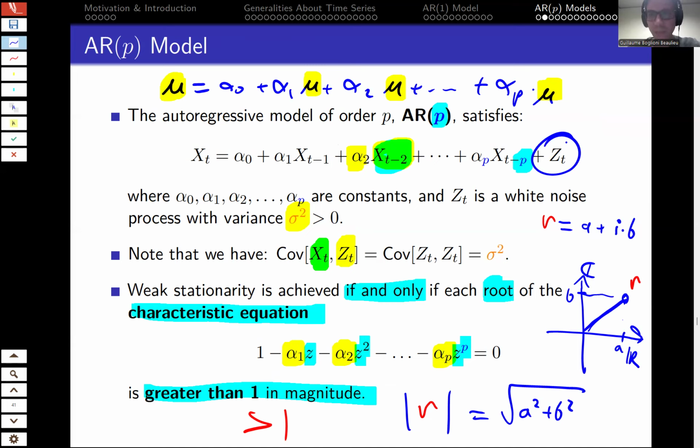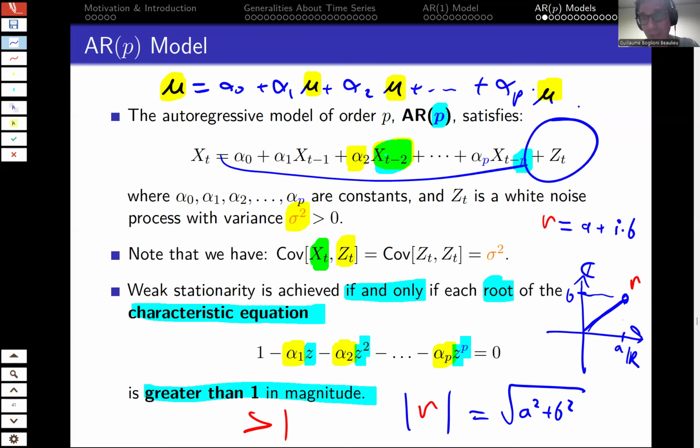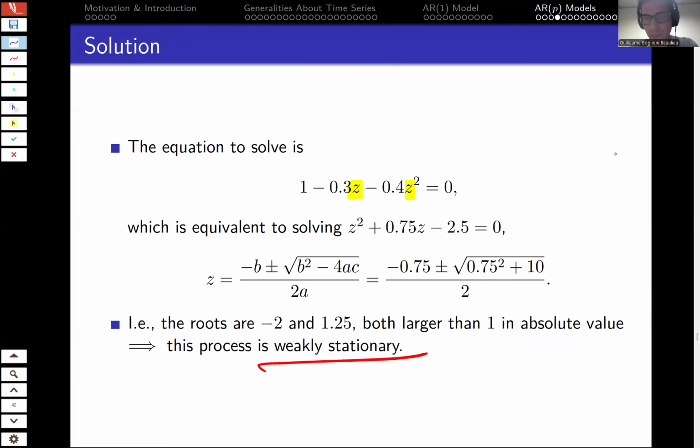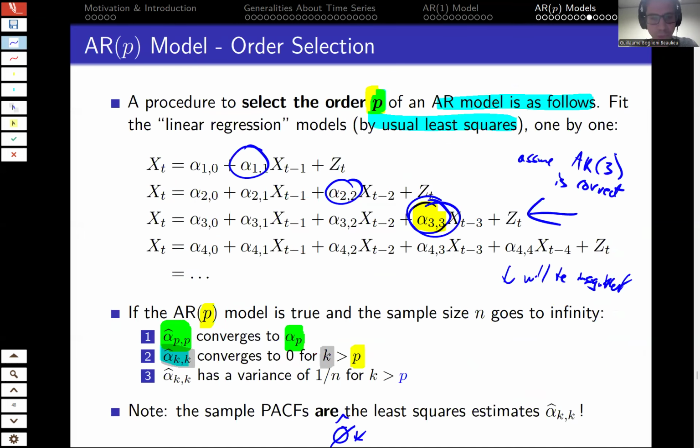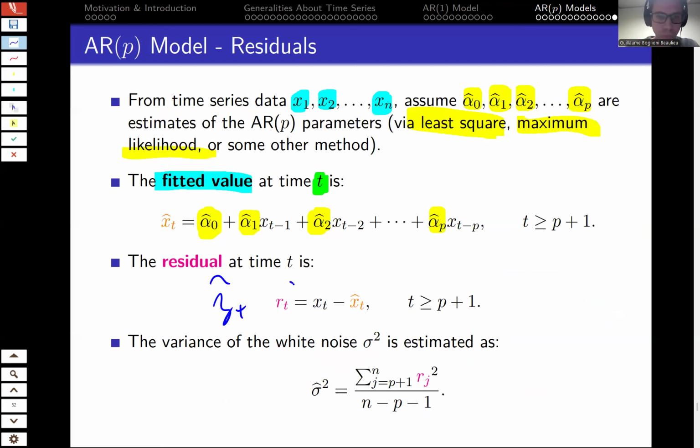You just posit that your model is this expression plus a noise. But this noise you don't observe, but you can estimate it as the residual. So the estimate of the noise, which you could call z hat, would be your residual, what is called r here.